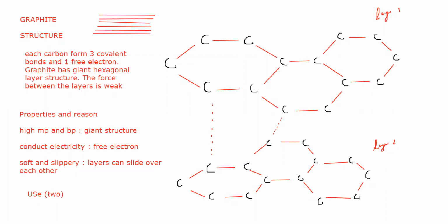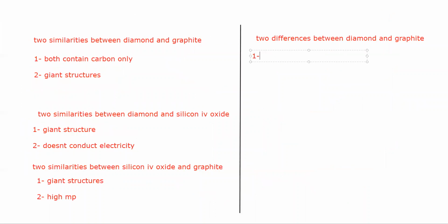Diamond cannot conduct electricity, unlike graphite. Yeah, so graphite can conduct, but diamond cannot. What else? Diamond has a tetrahedral arrangement of the carbon atoms, and graphite has a hexagonal layer structure. Yes. Or one of them is hard.